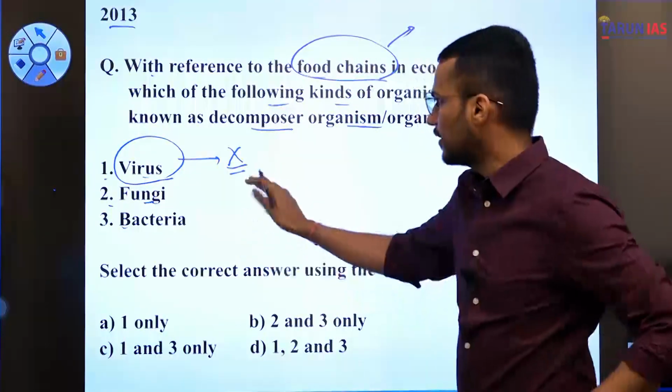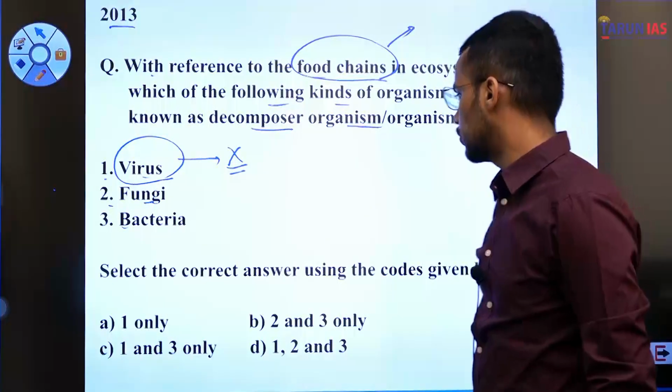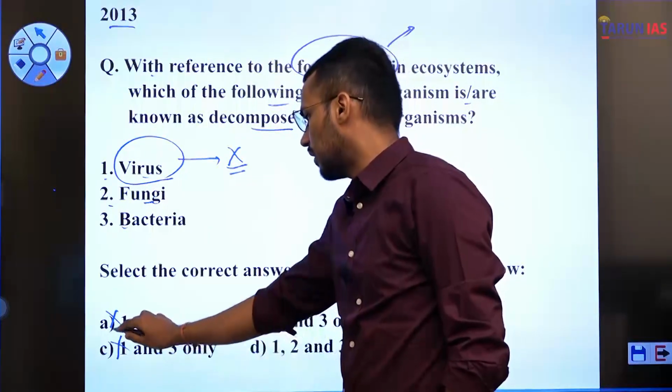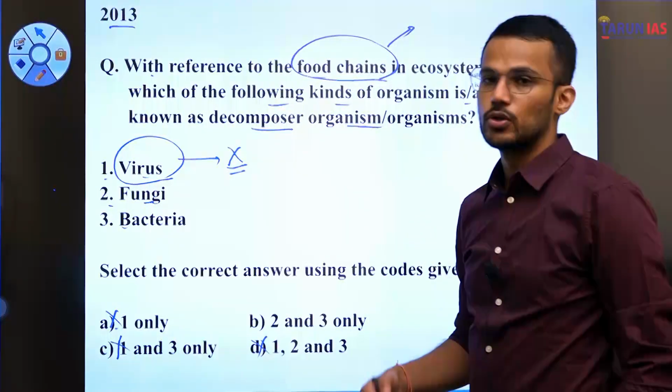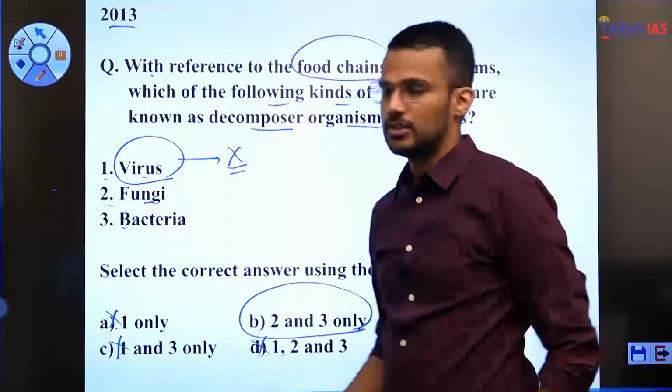And hence, as we know that virus is not a decomposer, you should remove first statement or option A, option C, and option D from your choices. And that is elimination method.